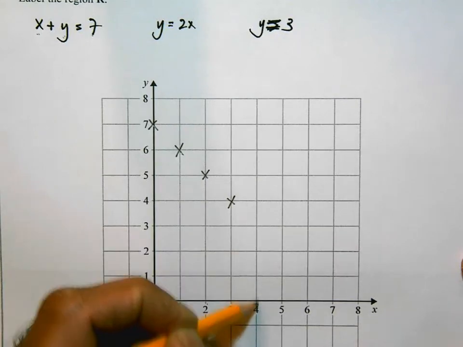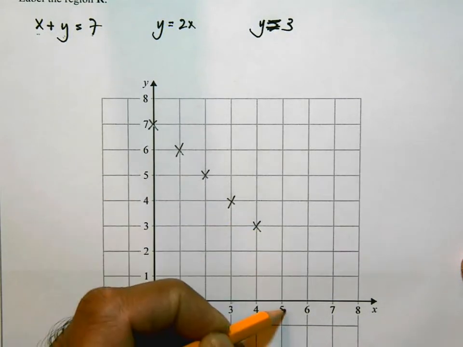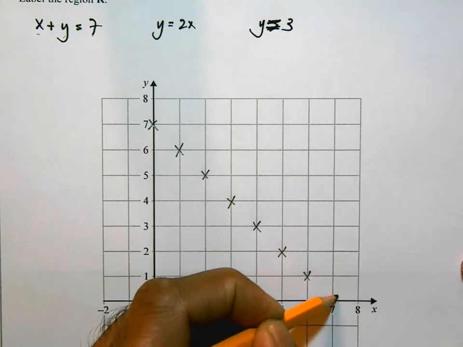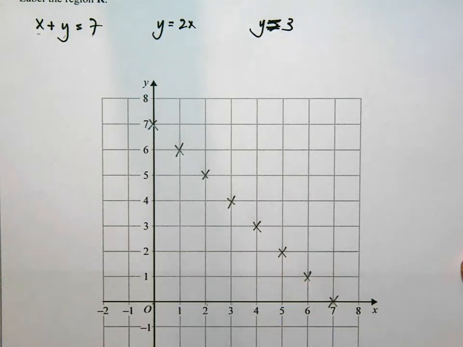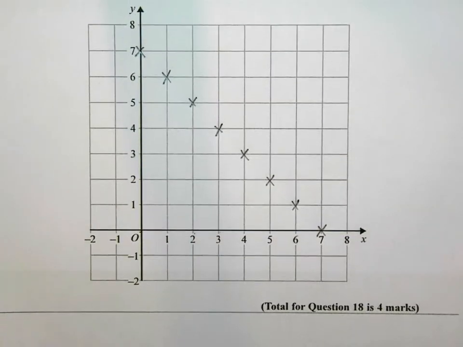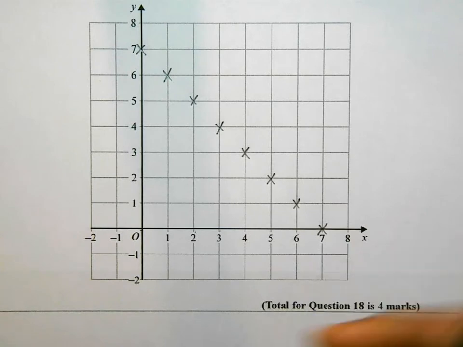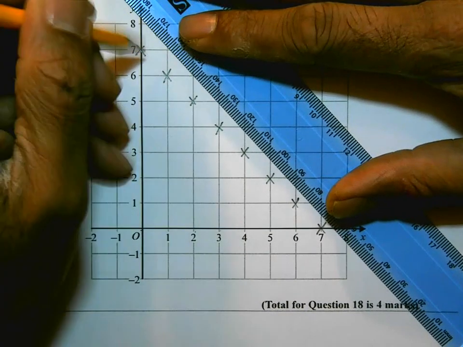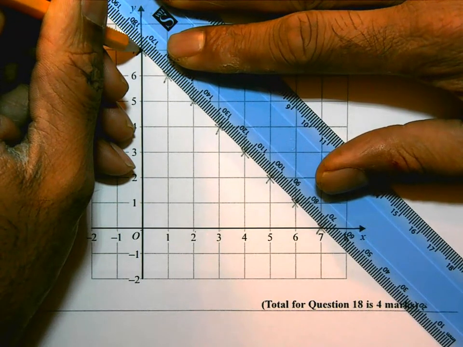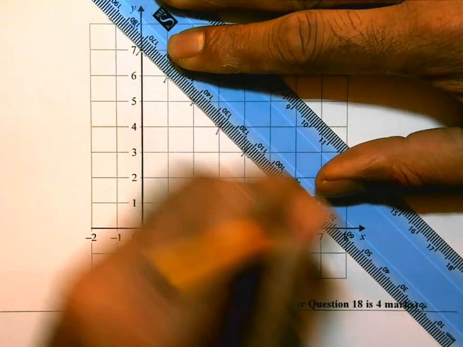You should get the idea by now. So that's my line for x + y = 7. I'm going to draw that line in, and then I'll look at the next line. Okay, so there's my line.